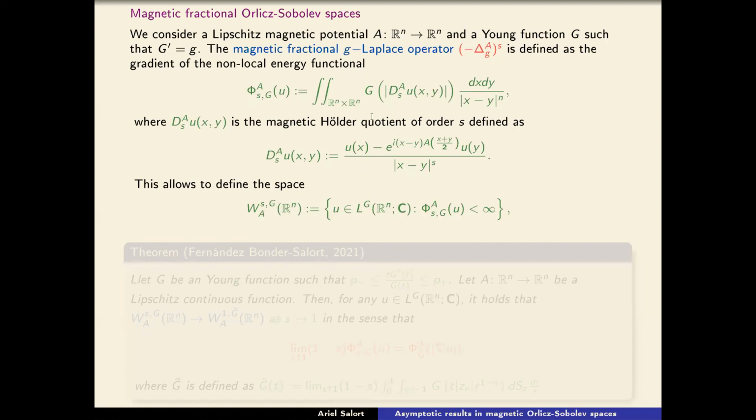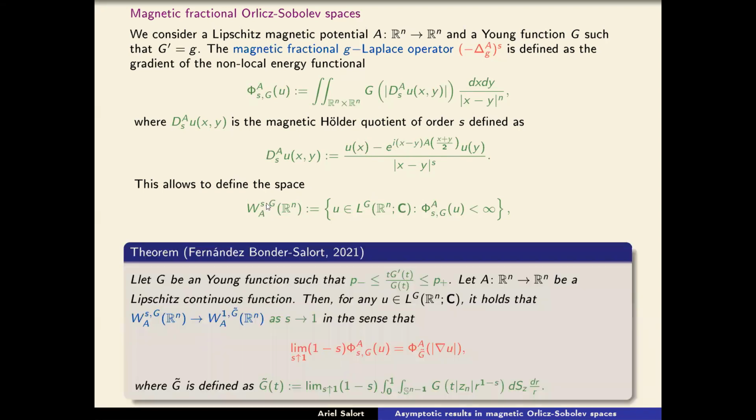Observe that now solutions are complex, because of this matrix and the definition of the non-local gradient. So the natural question is what happens when s goes to 1 in this kind of magnetic fractional spaces. That question was answered in the second paper I mentioned at the beginning. If you assume that the Young function G satisfies this condition, which means, roughly speaking, that the Young function satisfies the delta 2 condition and also the conjugate function does.